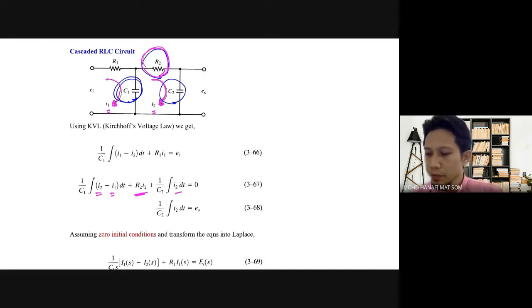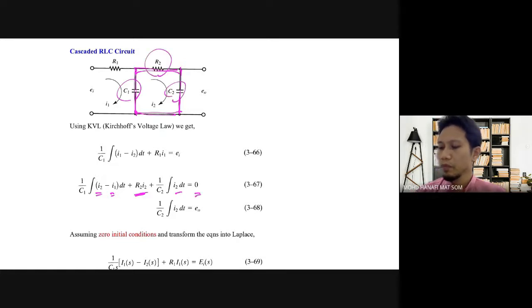Why equals 0? Because you can see in this second loop there is no potential, no supply at all. So the summation of C1, C2 and R2 equals 0. Now we have equation 3.67. Let's find the last equation, which is related to the output Eo.